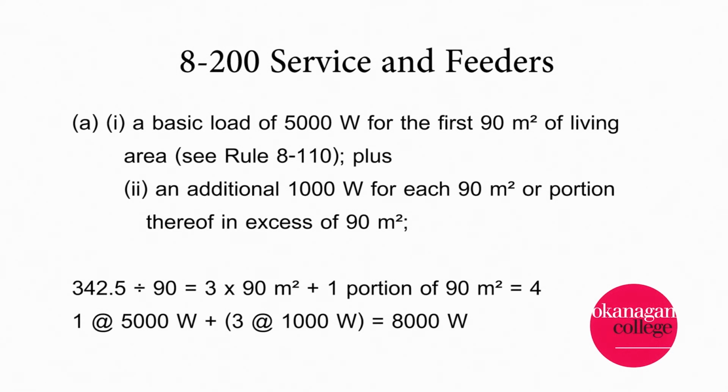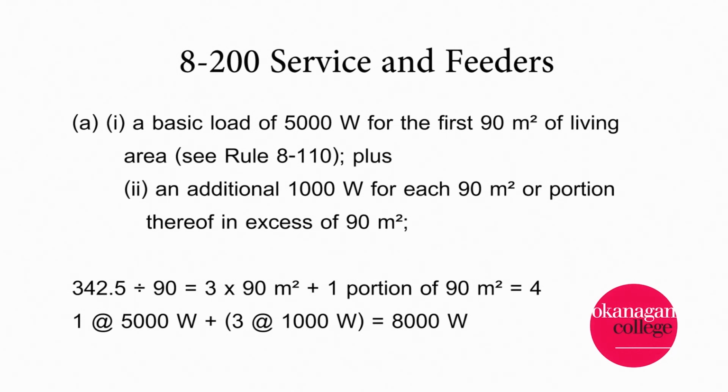That gives us 3 full portions of 90 meters squared, plus a little bit extra. Actually, it's almost 4, but we have at least 1 portion of 90 meters square. So that gives us a total of 4 portions of 90. So what we need to do is apply that to this rule. So we take our first portion of 5,000 watts and apply that to our first 90 meters square. So we're going to have 1 portion at 5,000 watts, plus 3 portions at 1,000 watts each. It gives us a total of 8,000 watts. So that's our first calculation that we're going to use.